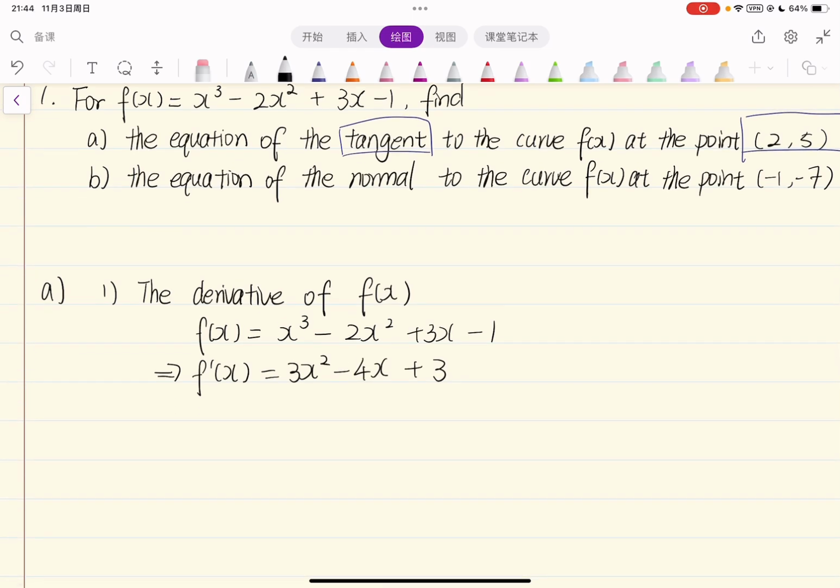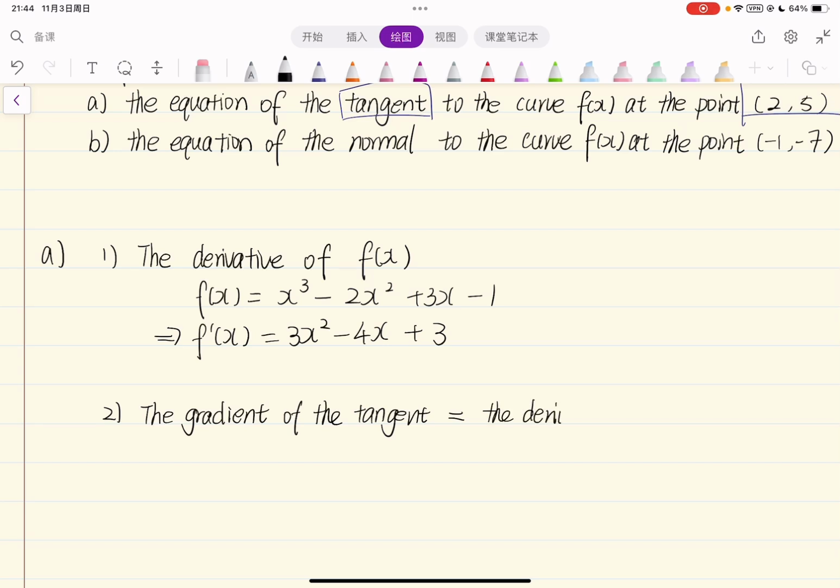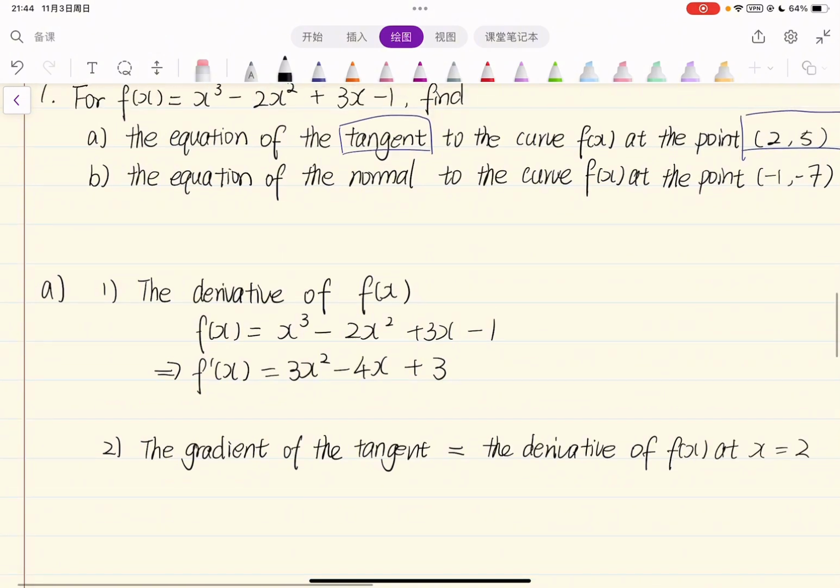Now we need to find the gradient of the tangent at the point (2, 5), which also means that you need to find the derivative of f(x) at x equals 2 for this question.